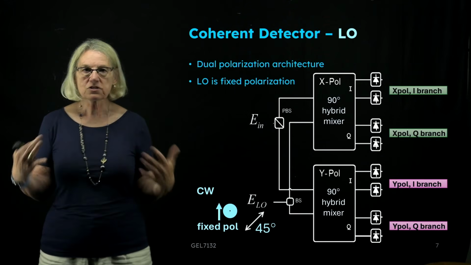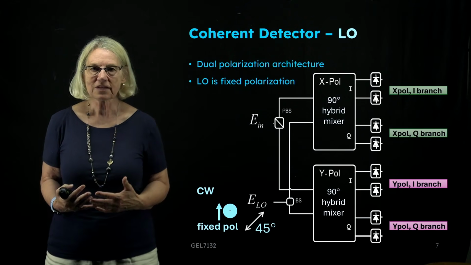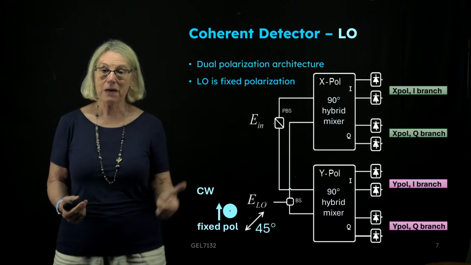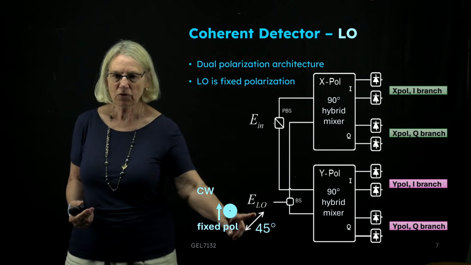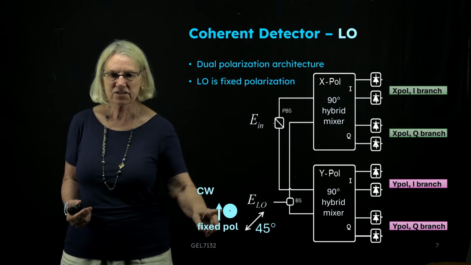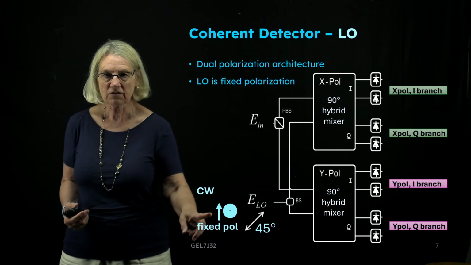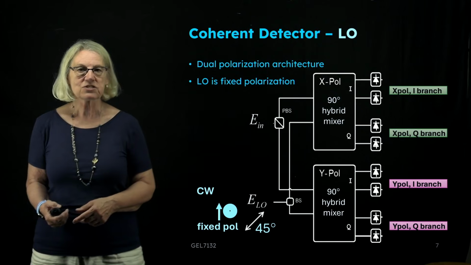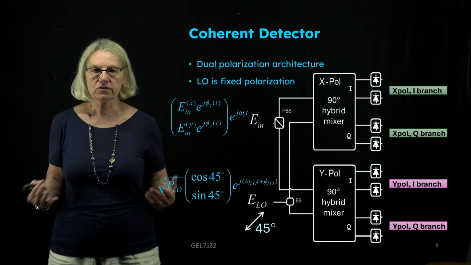But in terms of how this integrated receiver works, the first thing to do is to change the polarization of the local oscillator, not to be all of one polarization or all of the other, but instead to have a 45-degree orientation so that both are present.